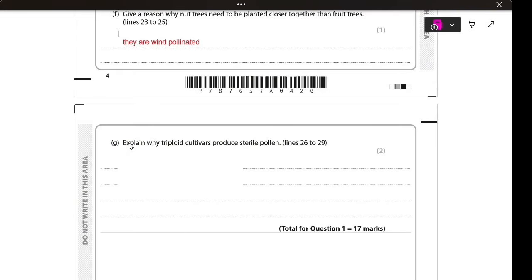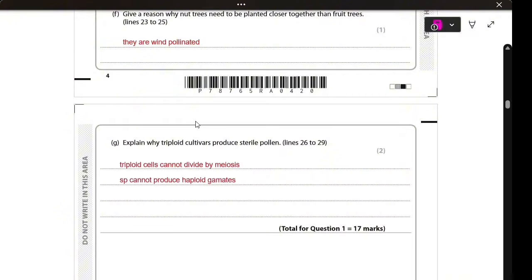But triploid cultivars have 3 chromosomes. 3 cannot be divided into half, so they cannot undergo meiosis. Thus, the male gamete of triploid cultivars cannot be produced. So they cannot divide by meiosis, so they cannot produce the haploid gametes. So this concludes question number 1. Let's move on.